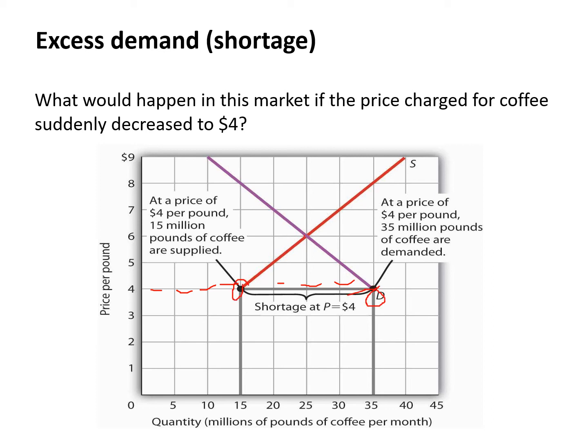Supply. What is available, because at lower prices, people would like to buy more and more. Okay, the suppliers don't want to sell at a lower price, they want to benefit. So over here when we have more demand than supply, we call it excess demand or shortage in the market. Because at this point over here, the demand is 35 units and the supply, what is available in the market, is 15 units.